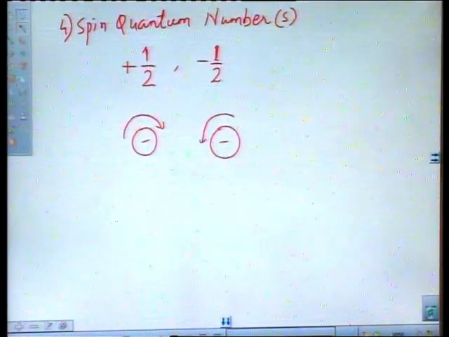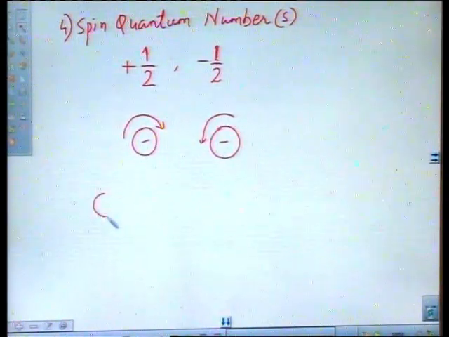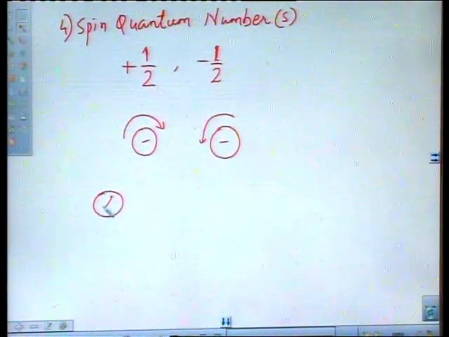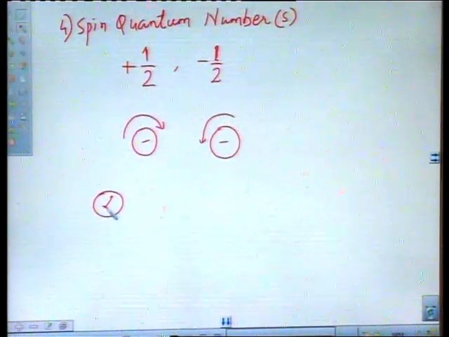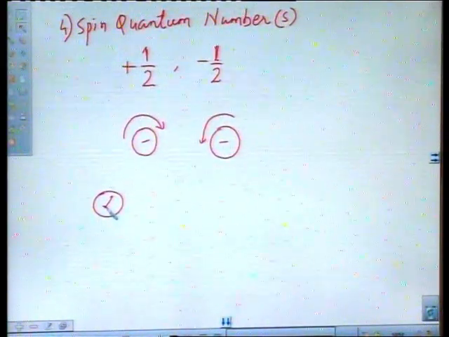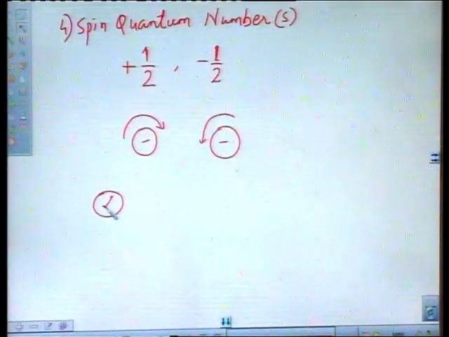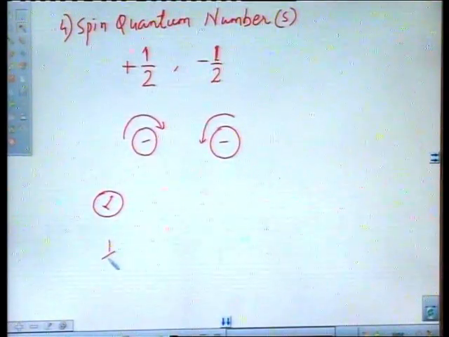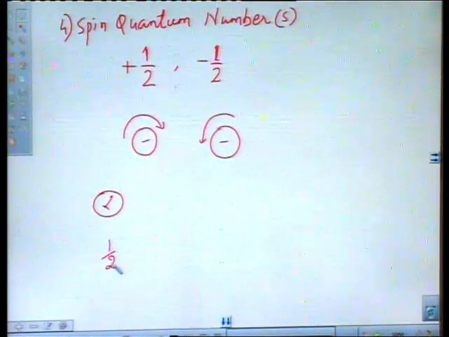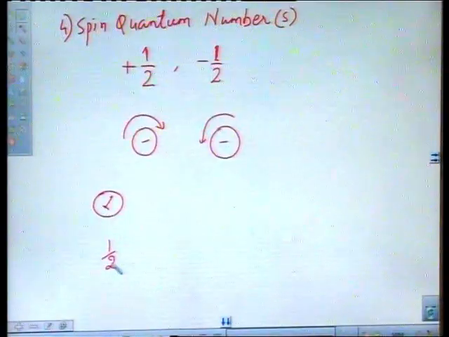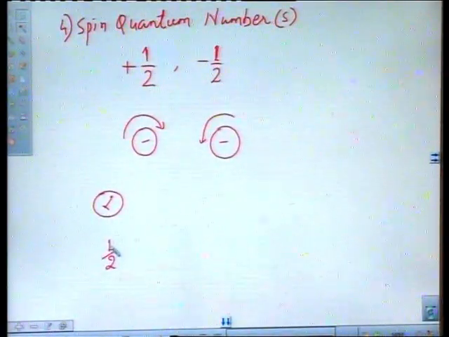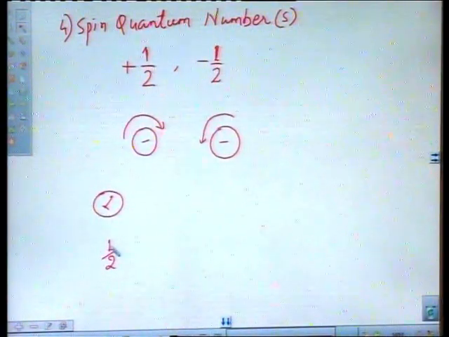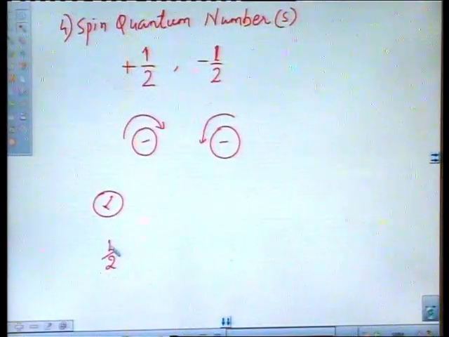You may have seen that when we toss a coin, there are two probabilities, either it is tail or head. For head the probability is half, that is 1 out of 2, and for tail the probability is also half.